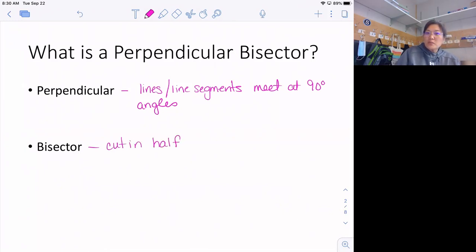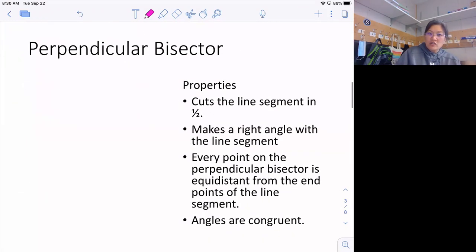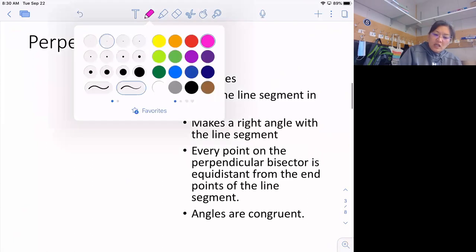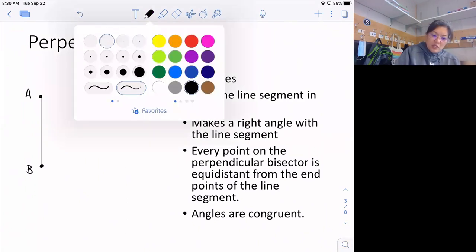So for our intents and purposes, we're going to look at what's called a perpendicular bisector. Before we can start talking about it, we need a line segment. Let's go with this line segment, and we're going to call it AB. I'm going to choose another color.